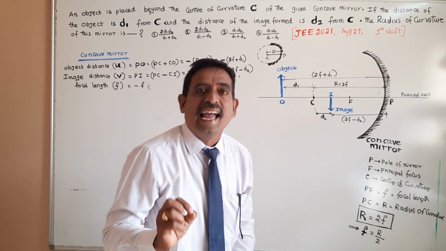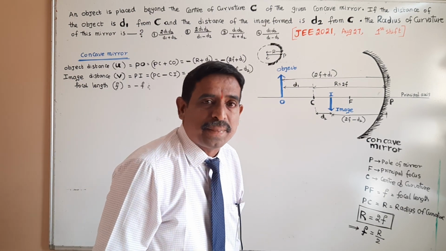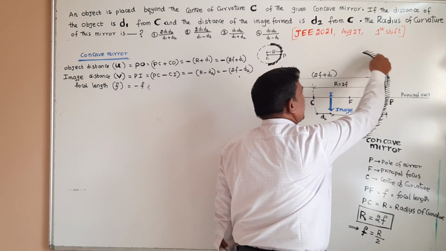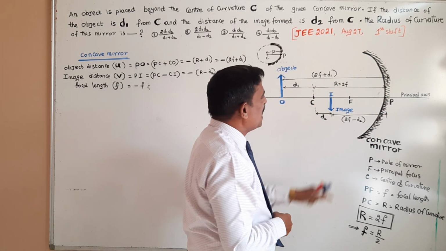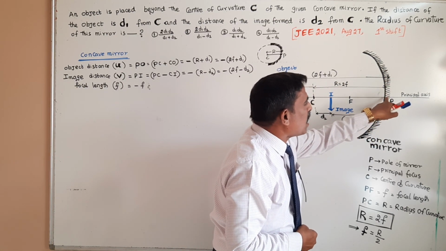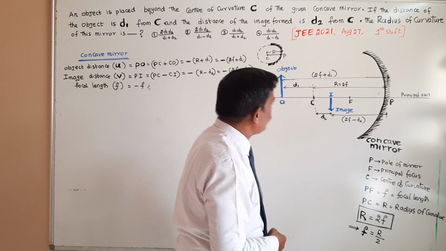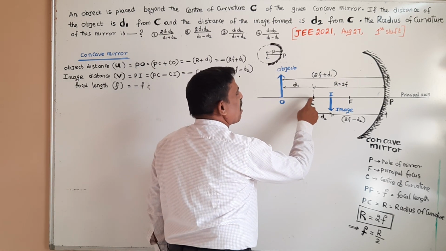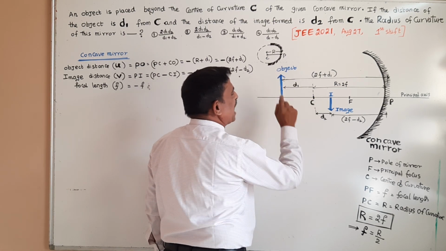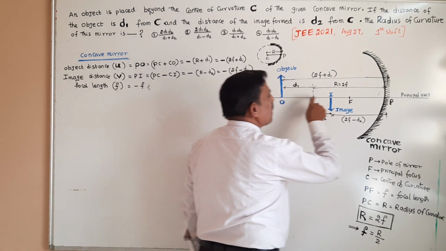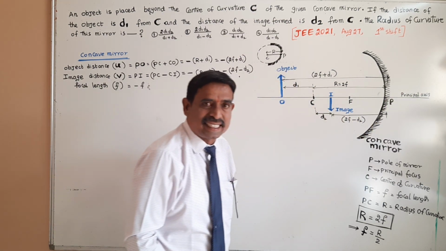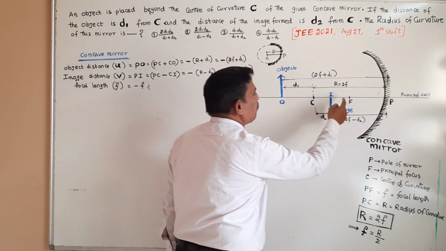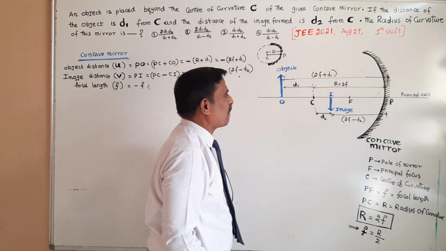In this problem, there is one concave mirror. This is the pole of the concave mirror. This is the center of curvature. This is the principal axis. This is the principal focus.